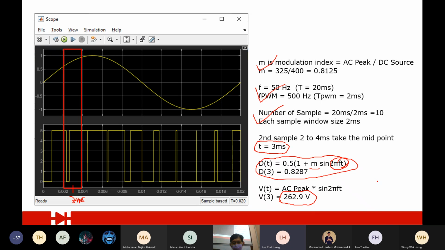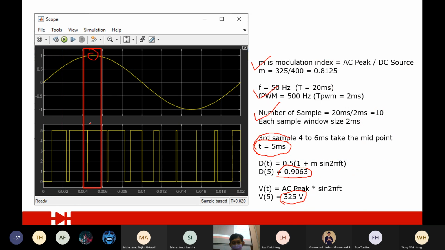Okay. He says he is confused about the AC peak there. This one, right? The difference is that now you see, this duty cycle 0.9 represents digital.